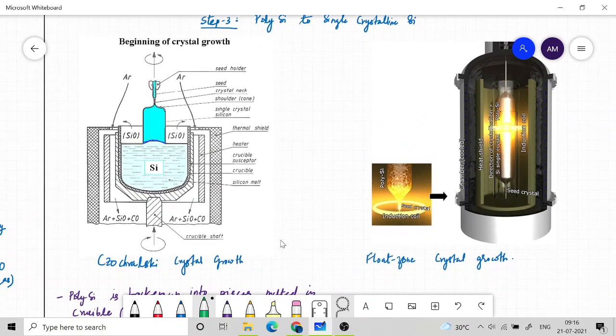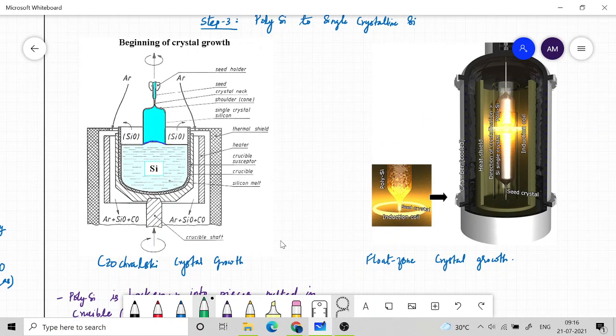Now the way it is grown into a single crystal is by a pulling mechanism. Pulling mechanism means there is something called a seed, the beginning material.